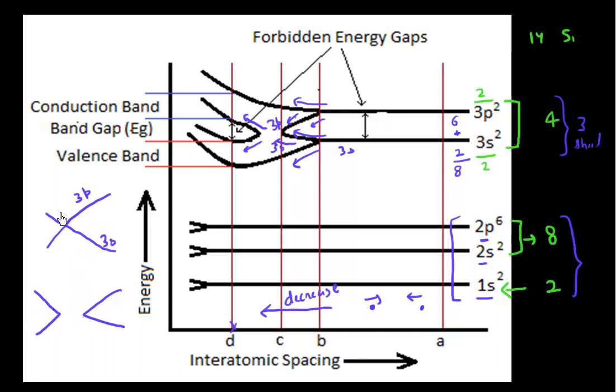So why is there no overlap between these two individual bands? That is because we have to obey Pauli's exclusion principle. If these two bands were overlapping, then an electron located at this particular energy could be either in the 3s band or the band coming from 3p.